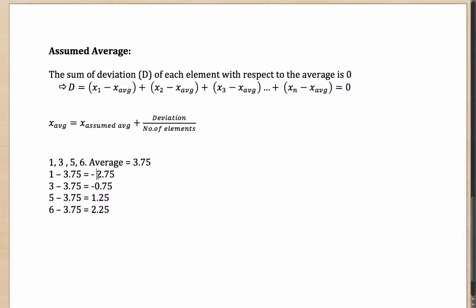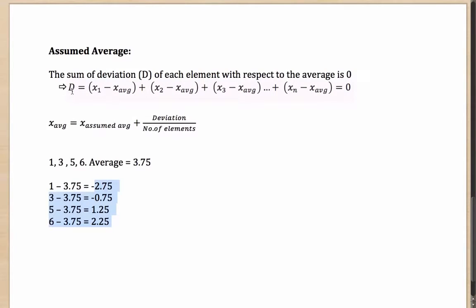These were individually the deviations. The deviation is nothing else but the difference of any particular value from the average. Why is it important? If you notice here, the sum of the deviations from the average will always be 0.